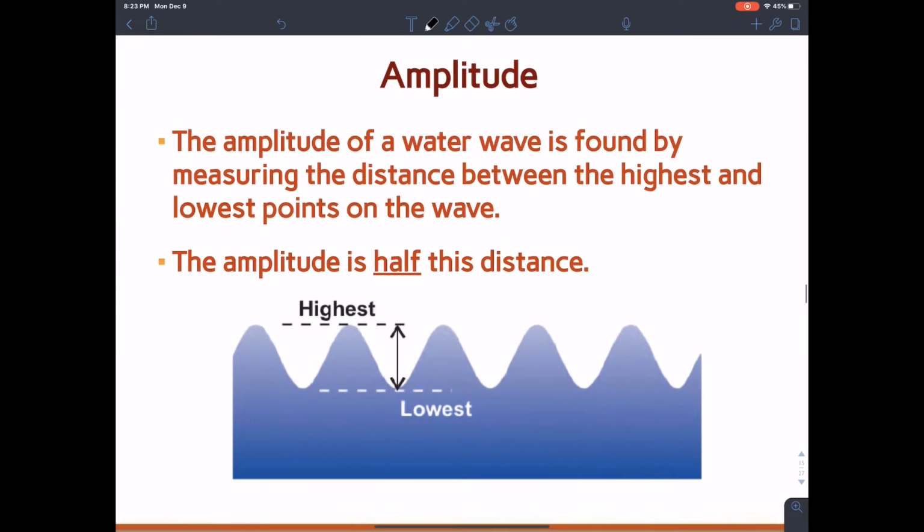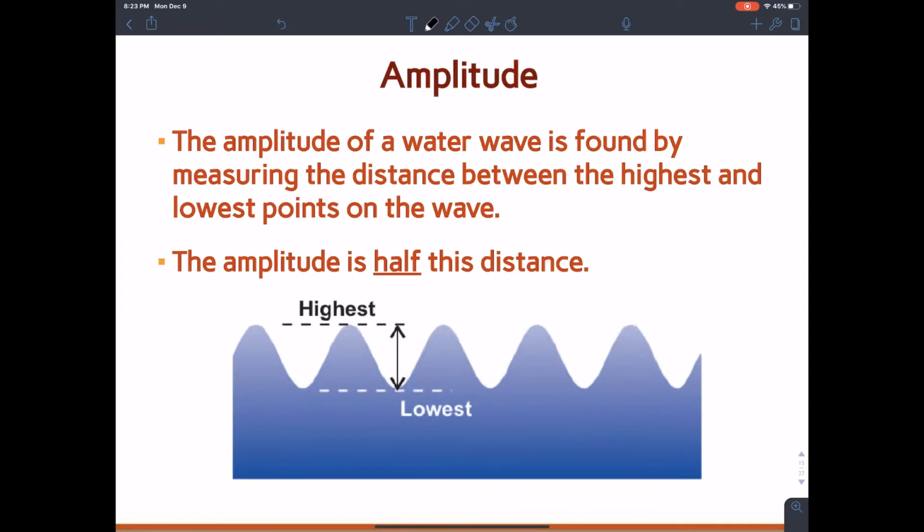So amplitude, how high do we actually measure the person swinging on a swing back and forth? How intense is an earthquake? How high are waves?